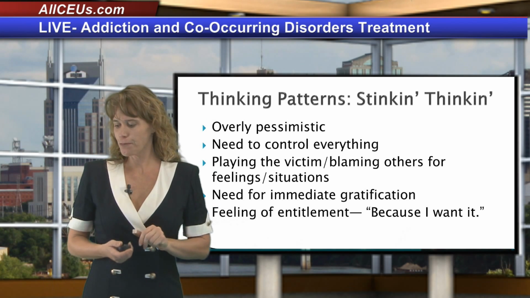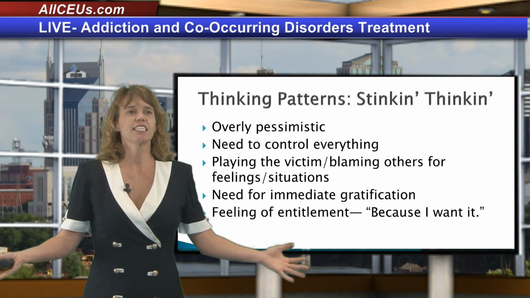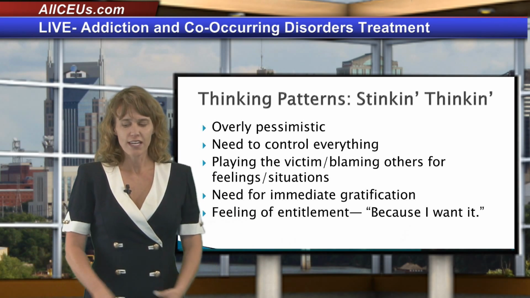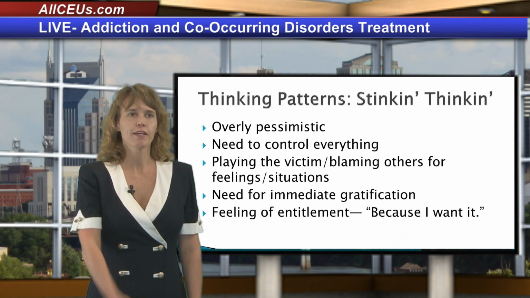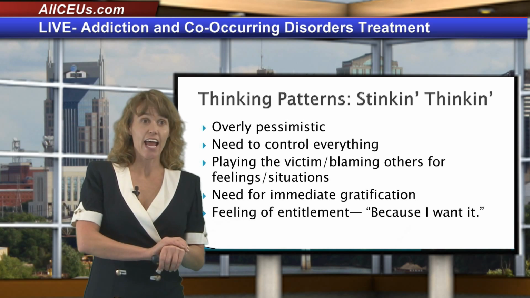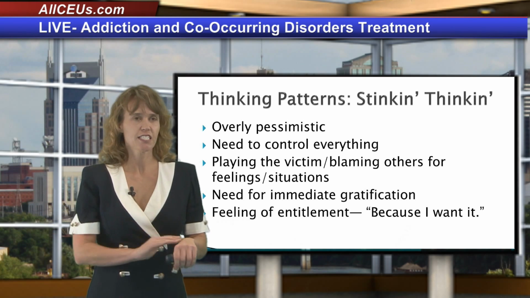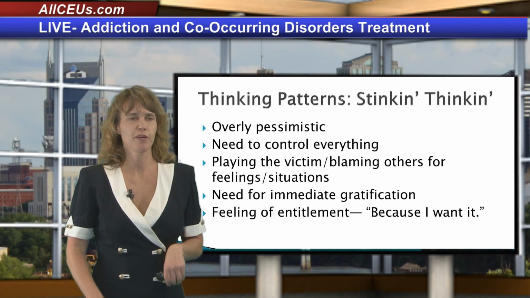Stinking thinking, people who are overly pessimistic. Everything is always a catastrophe. One activity you can have them do is flip a coin. If it lands on heads, they have to act like the glass is half full all day long. If it lands on tails, they can be as negative as they want to be. They can be themselves.